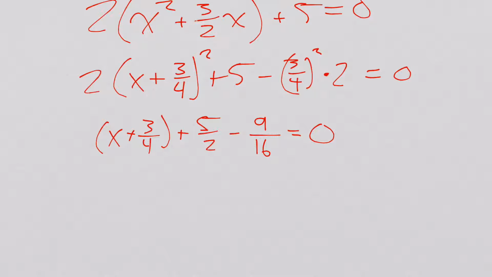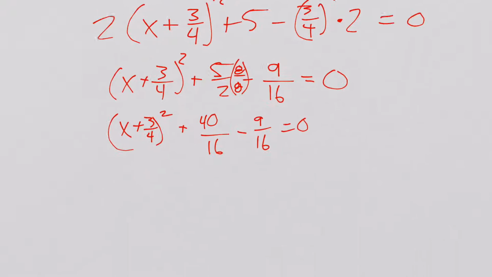So there we go. So x plus 3 over 4 squared, I lost my squared there, plus, if I want this to be the same denominator, I need to multiply by 8 over 8. So 5 times 8 is 40 over, what am I doing? 40 over 2 times 8 is 16, common denominator, minus 9 over 16 equals 0.